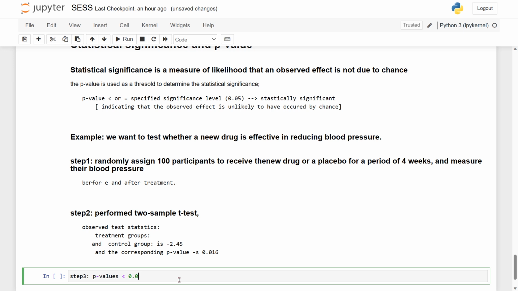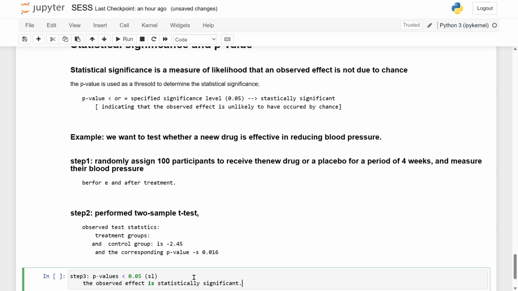Our p-value is lesser than that, indicating that the observed effect is statistically significant. This means that it is unlikely that the observed difference in mean change in blood pressure between the treatment and control groups occurred by chance, assuming the null hypothesis of no difference between the groups is true.